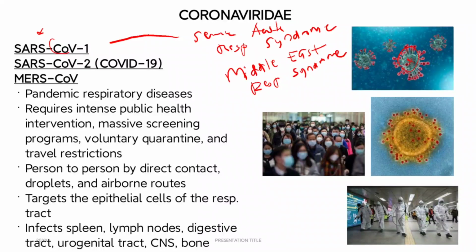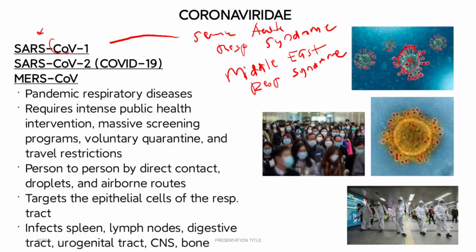So, it requires intense public health intervention, massive screening programs, voluntary quarantine, and travel restriction. So, technically, lahat ng to, alam na alam nyo because recently lang we have experienced a pandemic from COVID-19. So, from a Coronaviridae. Okay?